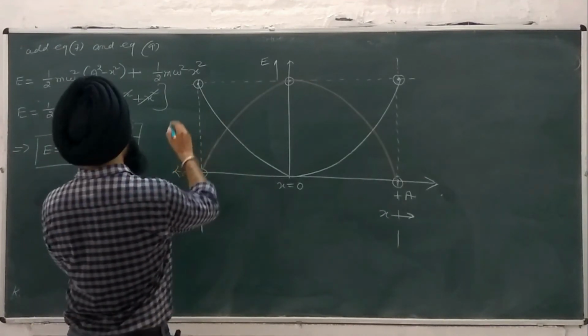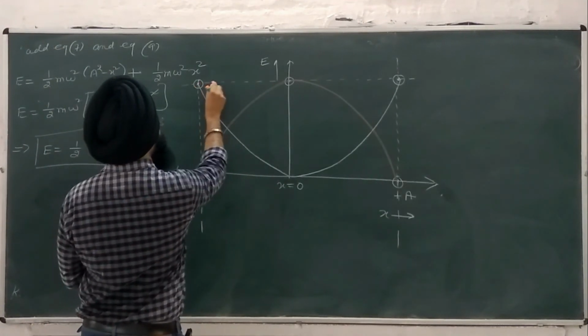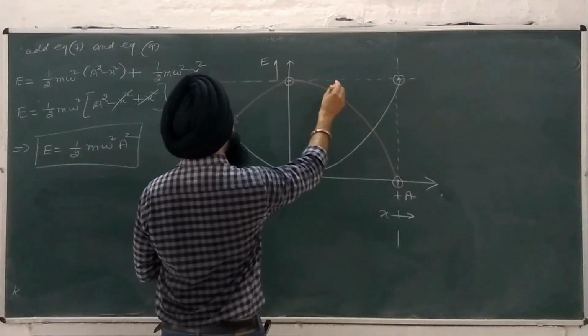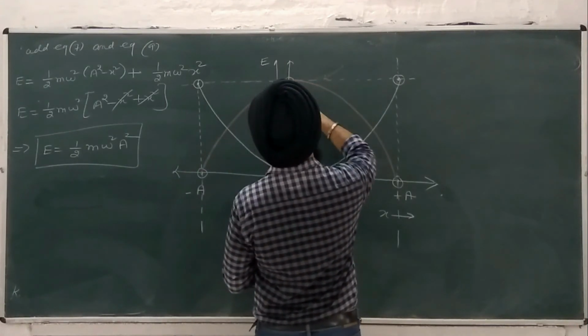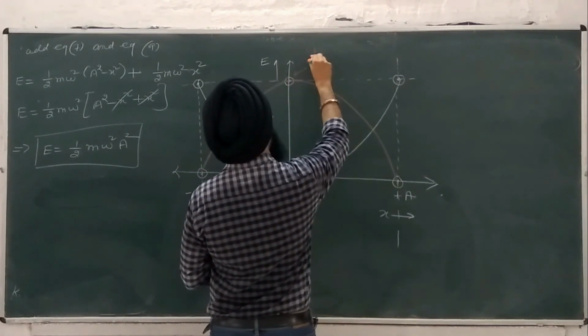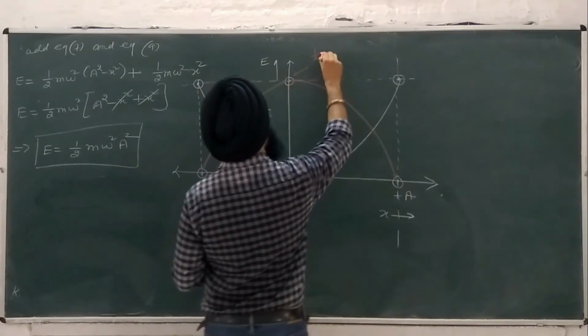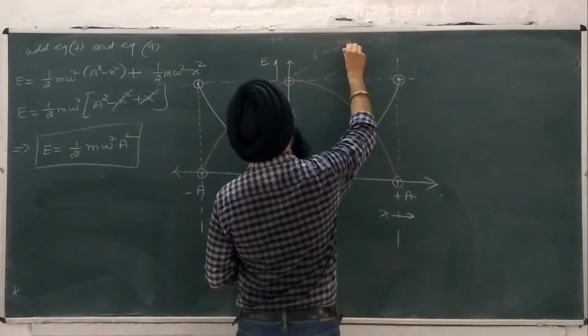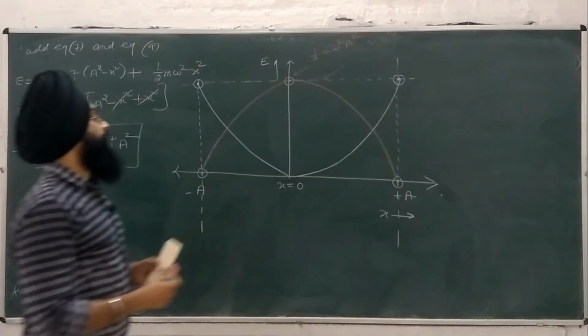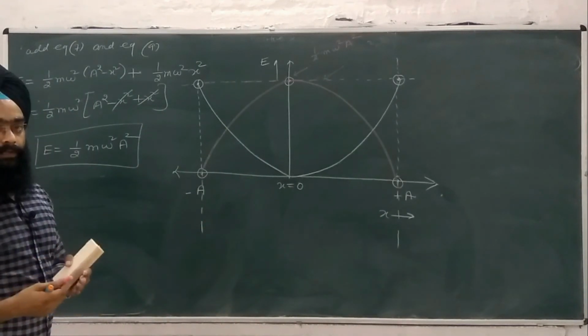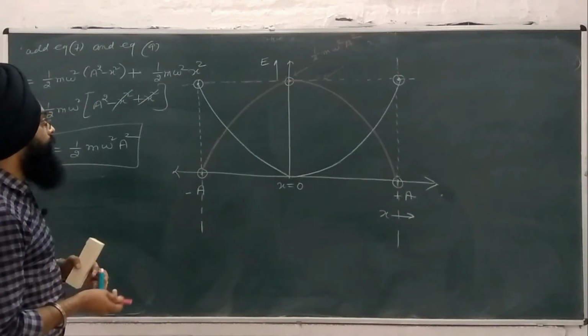The total energy which is equal to this is always the same. This point of energy is half m omega square a square. So total energy is always conserved, which is equal to the sum of potential and kinetic energy.